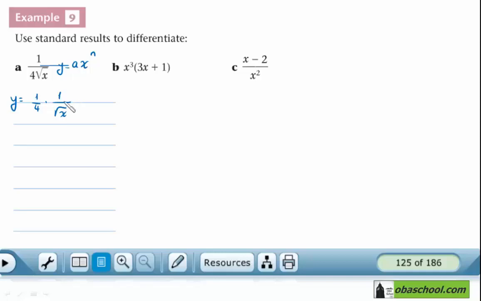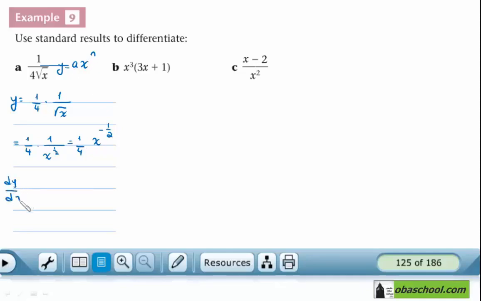We already know 1 over 4 is the coefficient, and 1 over the square root of x is the same as 1 over x to the power half. Moving this x to the power half to the numerator, it will be x to the power minus half.